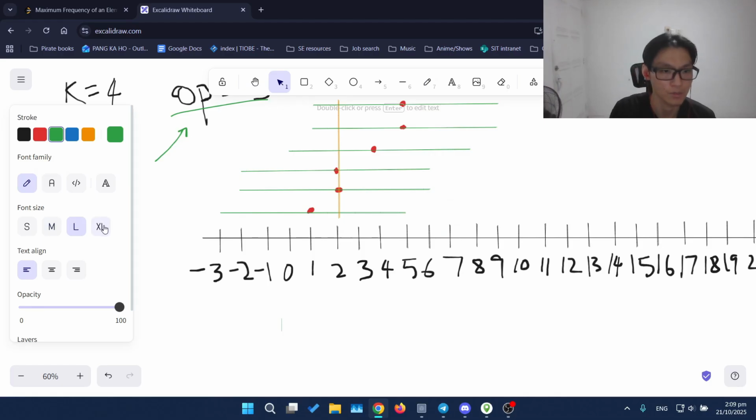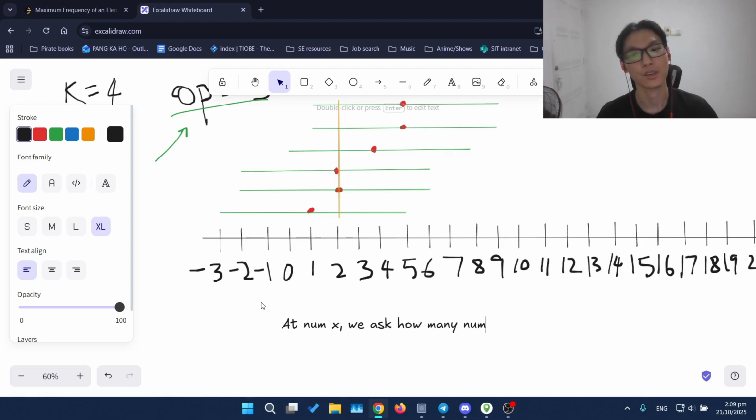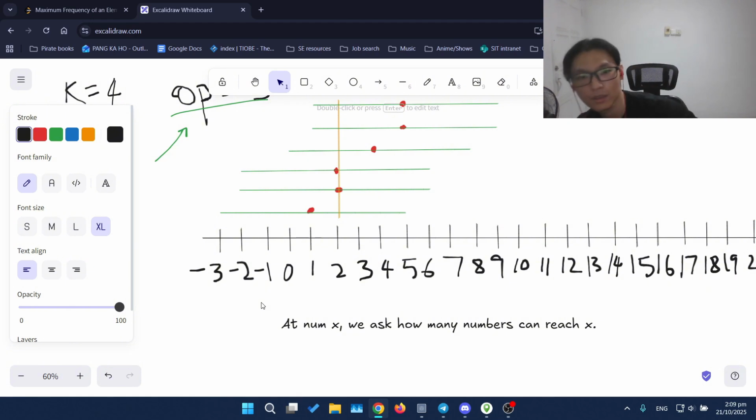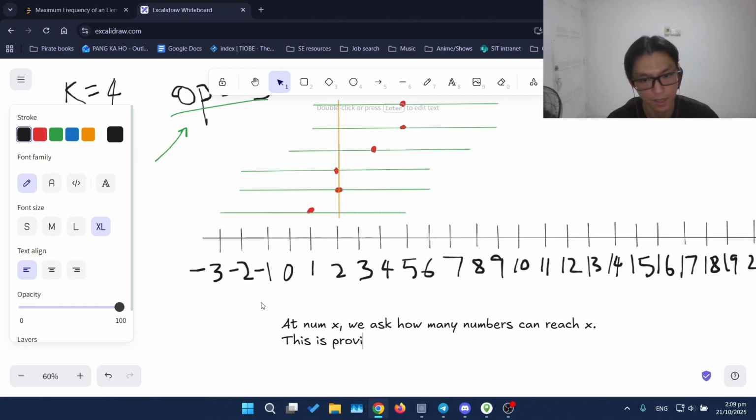Now at num x, we ask how many numbers can reach x. This is provided by the number of intersections at the current sweep.